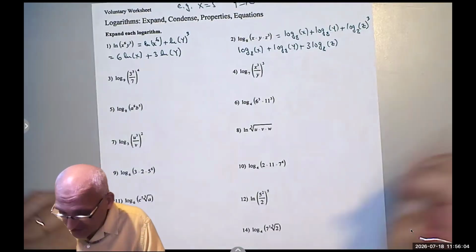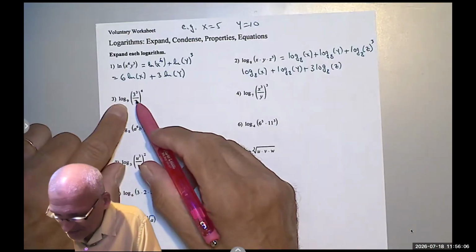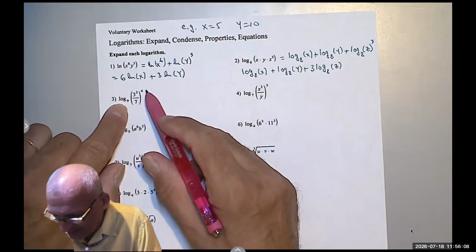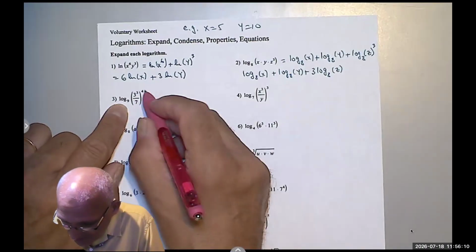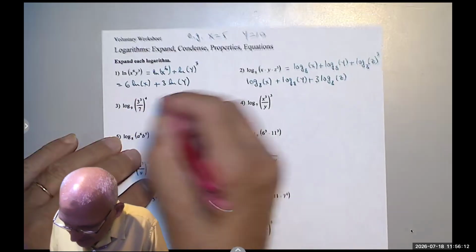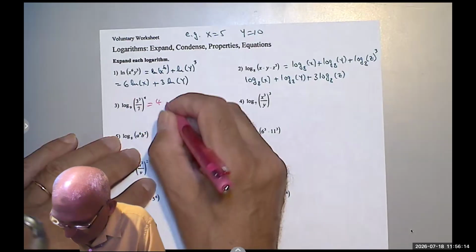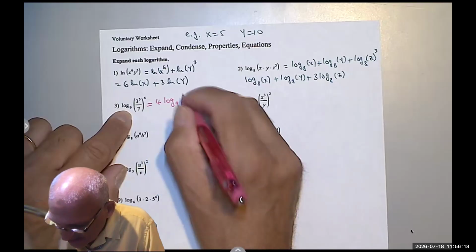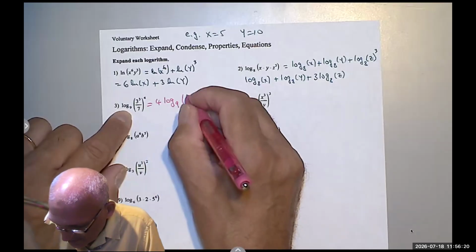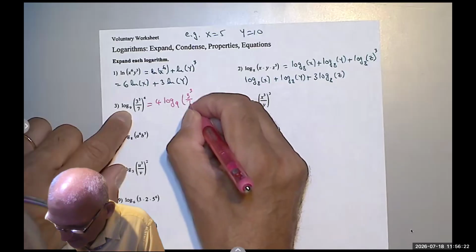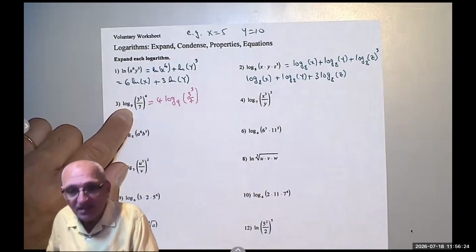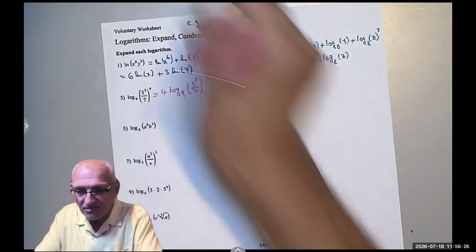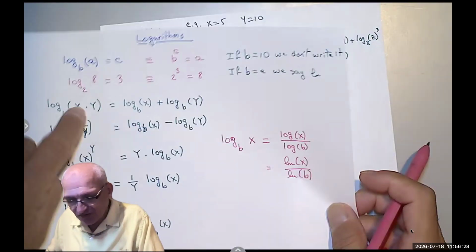Let's move to the next one. Oh my God. So I have a power and another power. Well, this power is applied to everything. So I can bring it down and say 4 times log to the base 9 of 3 cubed over 7. That's the first step. And then I have a division, x over y.